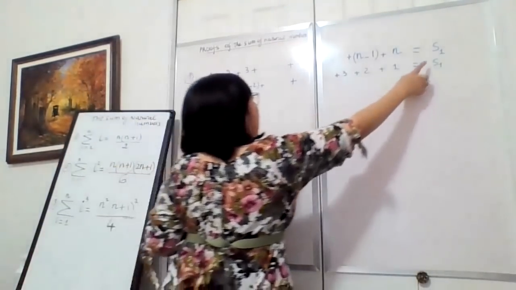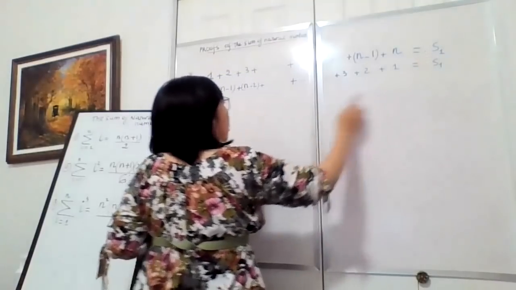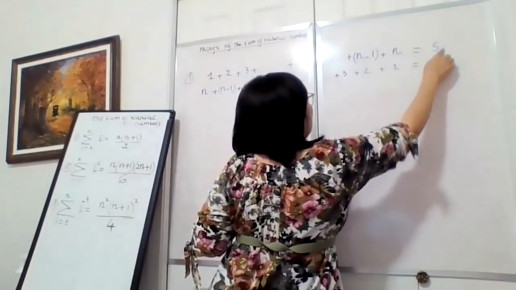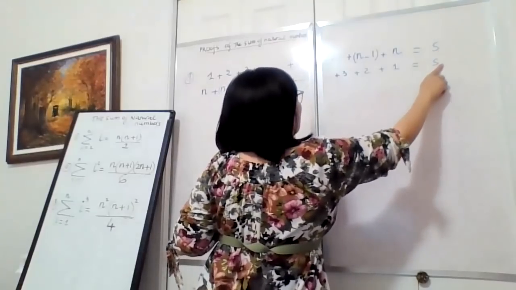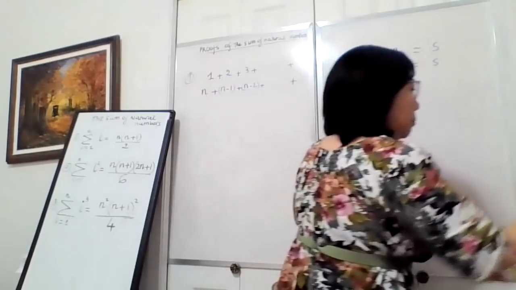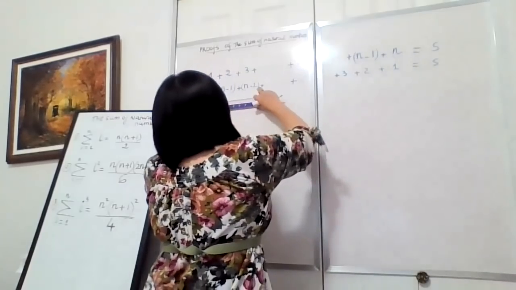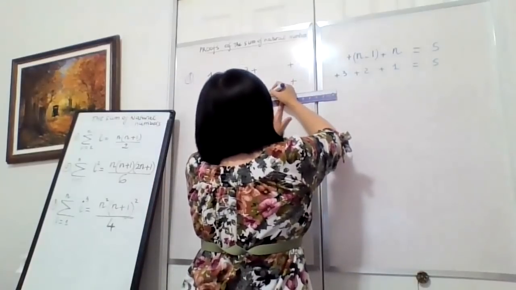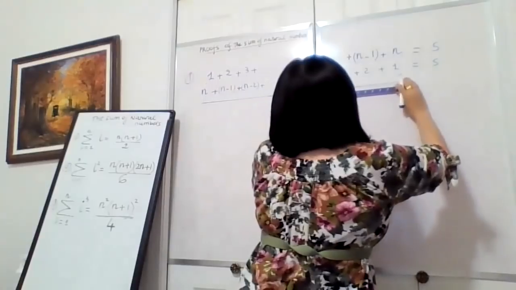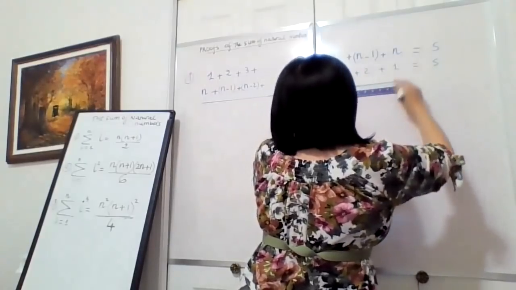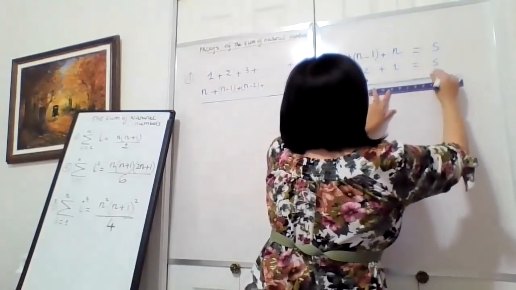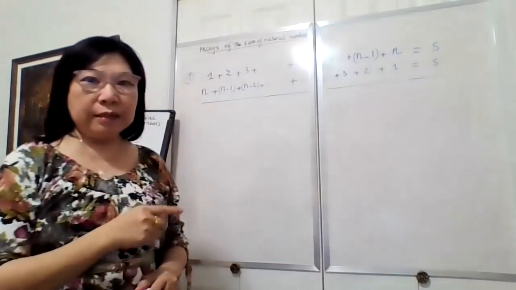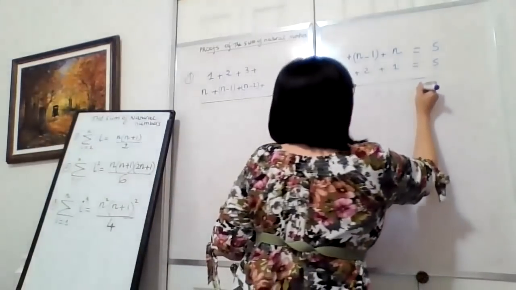Now let's say I add these two sums together, and I just call it S for now. So I'm going to draw the line and add them. When I add them, what do I get?